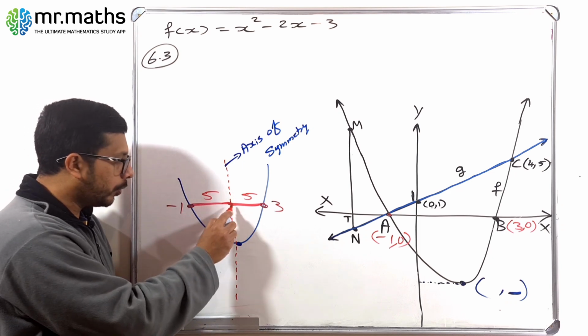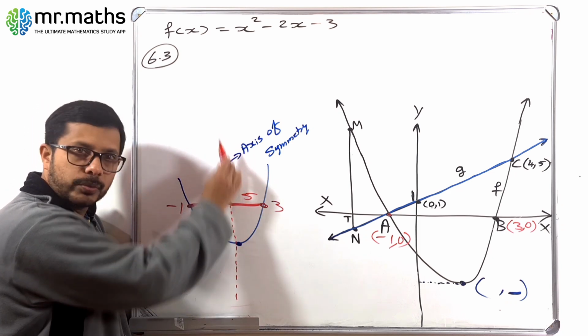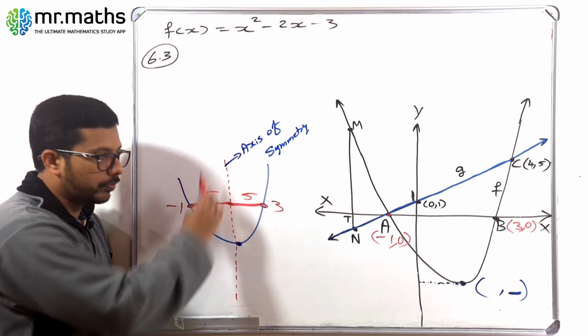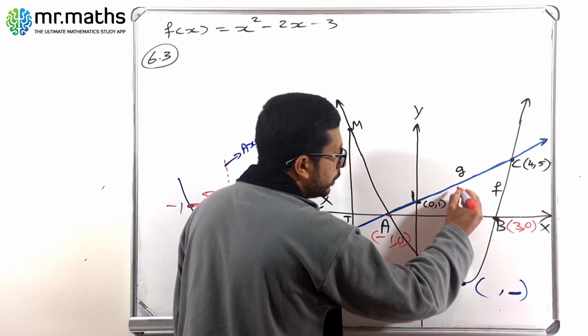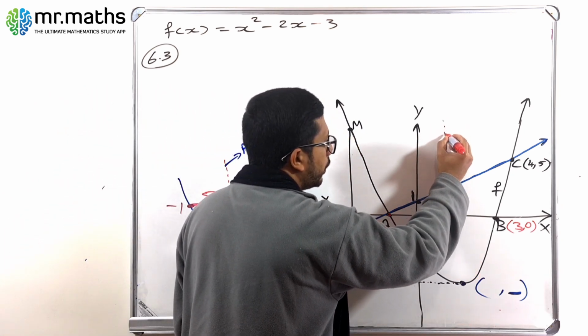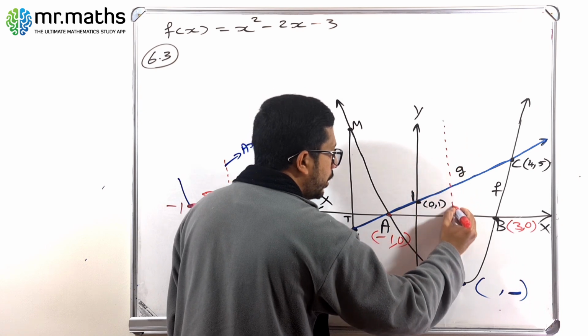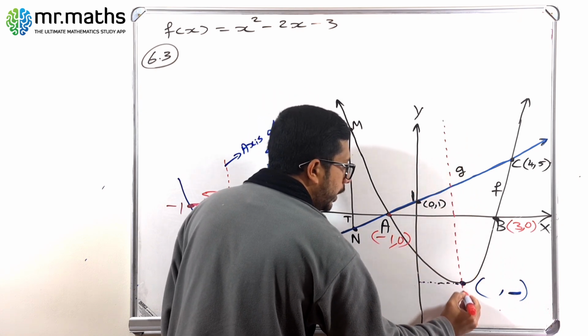That means the x value of the axis of symmetry. The axis of symmetry passes through the turning point.